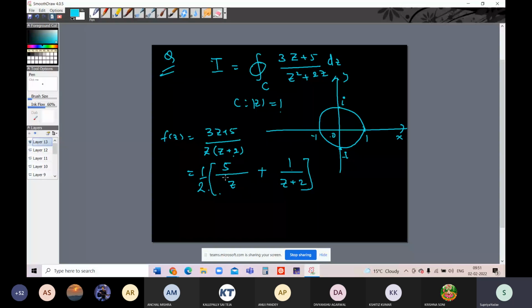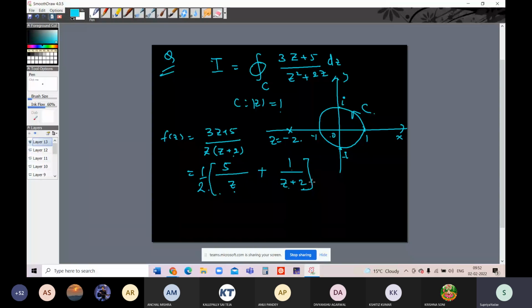Obviously, if a function is in rational form, it is analytic everywhere except the points where the denominator is 0. So we are writing this f(z) as 5/z plus (1/2)·1/(z + 2). The first part is not analytic at z = 0, and the second part is not analytic at z = −2. This is our curve C, taken in the positive direction. z = −2 lies outside of our curve.